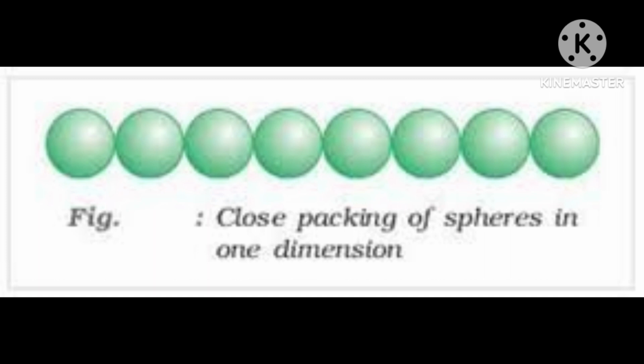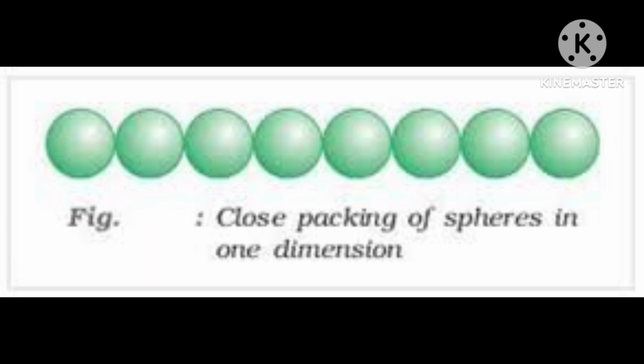If you take any one in the middle, one will be in the front, one in the back, so all three are in contact. One in the front, one in the back.